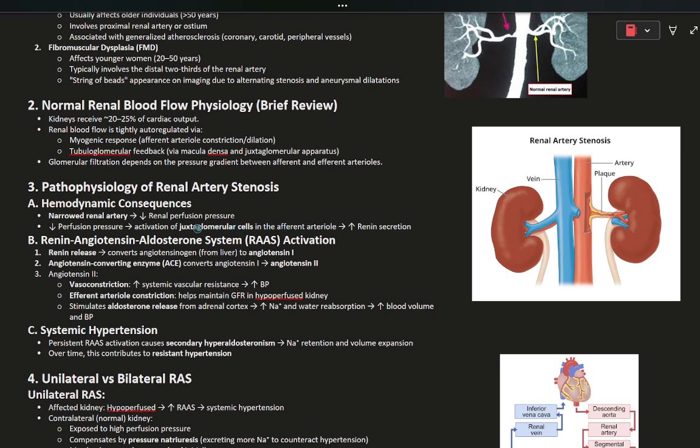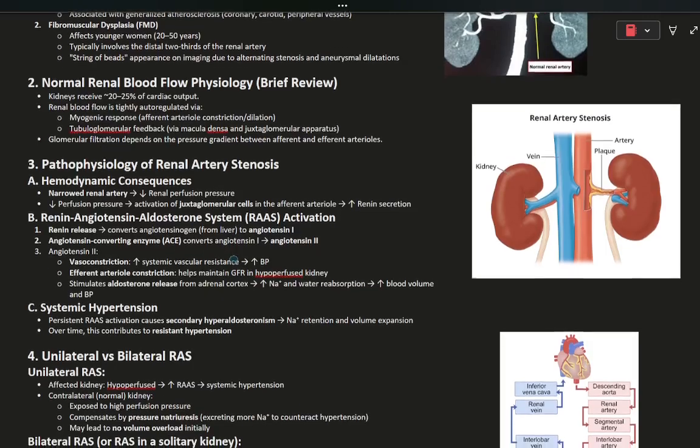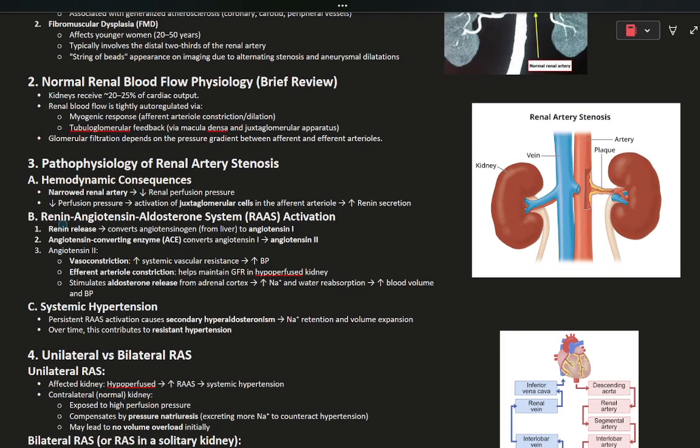The activation of the juxtaglomerular cells is going to trigger the secretion of renin. So there's going to be increased renin secretion. So this is where the renin-angiotensin-aldosterone system activation comes into play, also known as the RAS system, by the way.